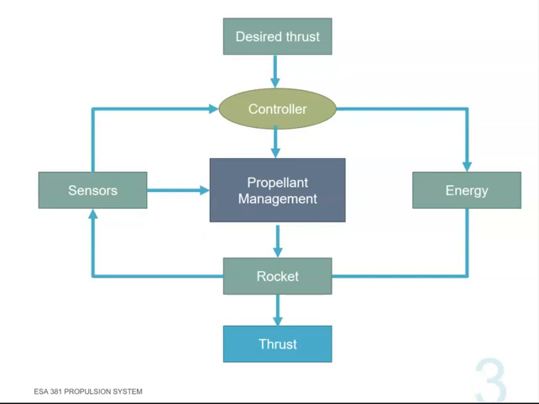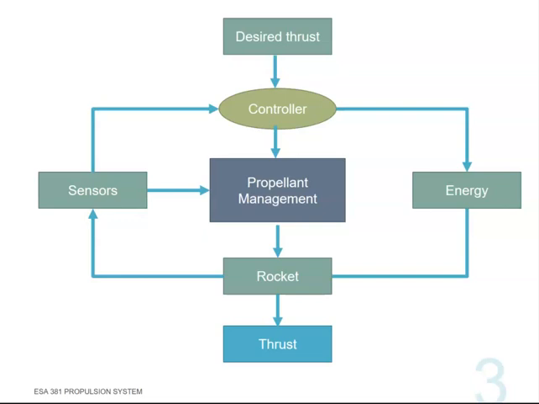Then for some systems, the controller also manages the energy input to the rocket. For example, in the electrodynamic rocket, the system has an interface with the spacecraft electrical power system to ensure it provides the required power.